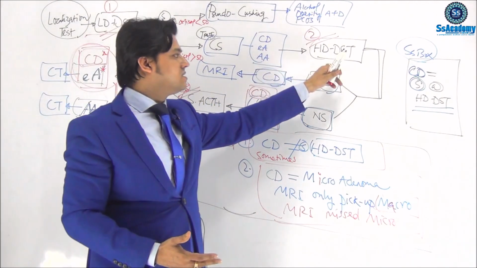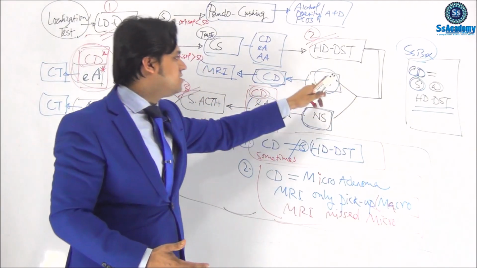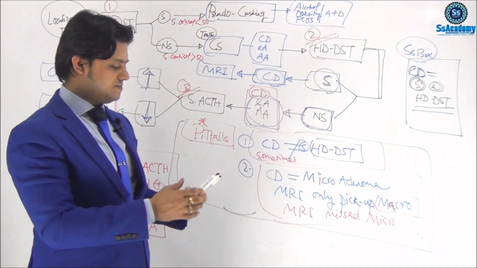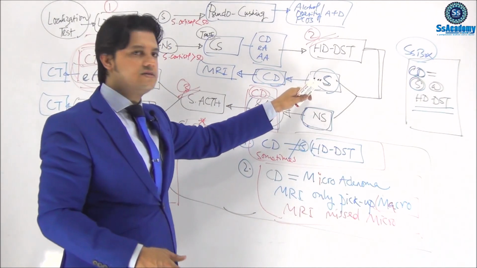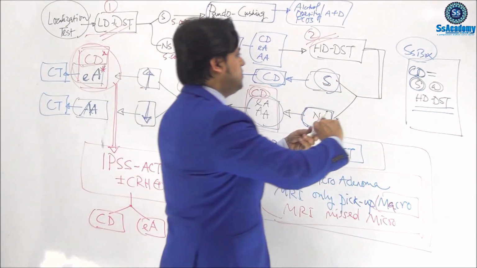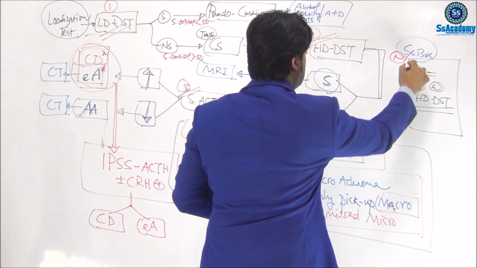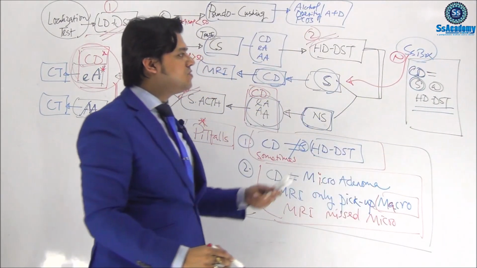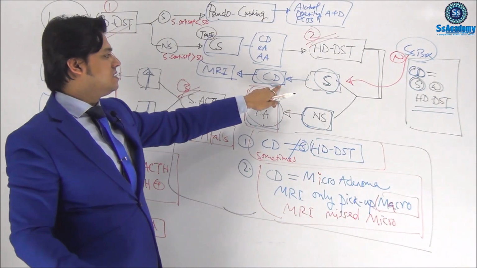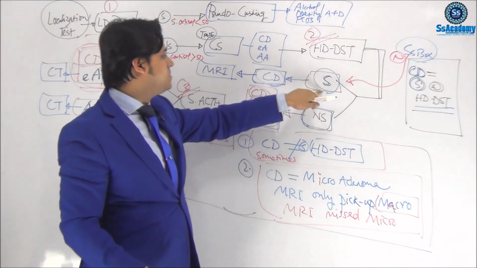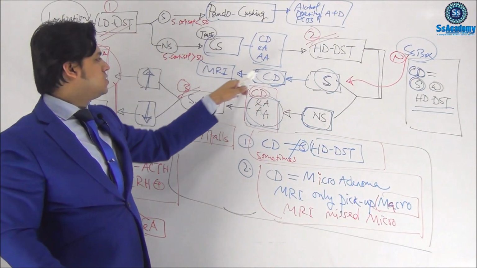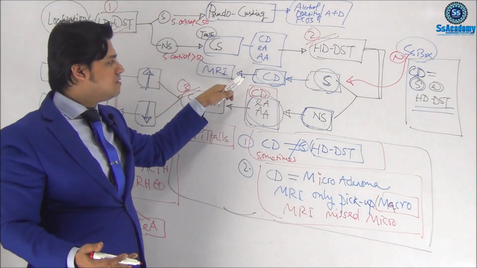Do the HDDST. Once again you will get suppressed or not suppressed. Suppressed means a normal response, right? Pituitary Cushing disease is usually suppressed at HDDST. So suppressed means CD, and do the MRI, get the diagnosis.